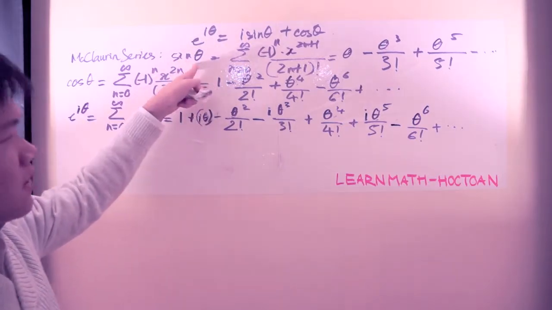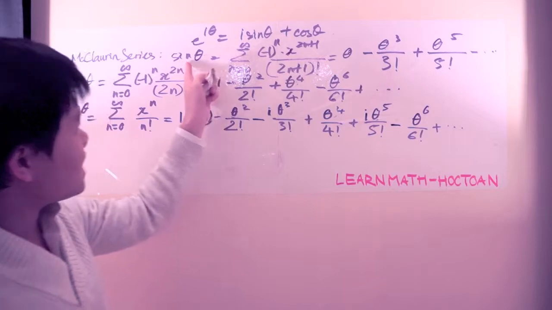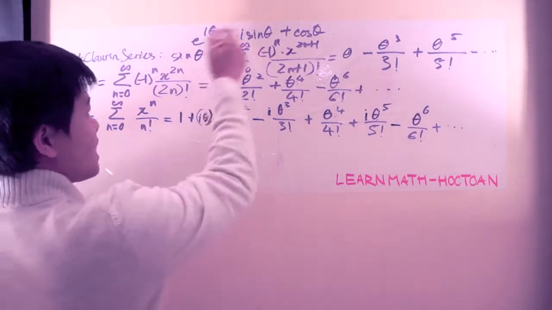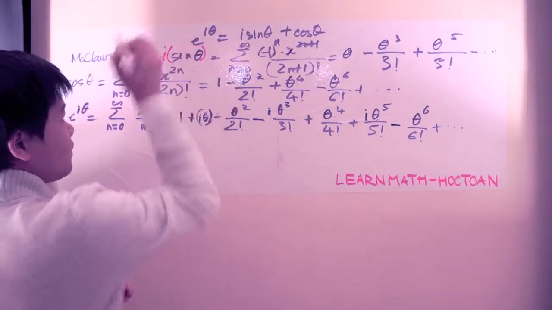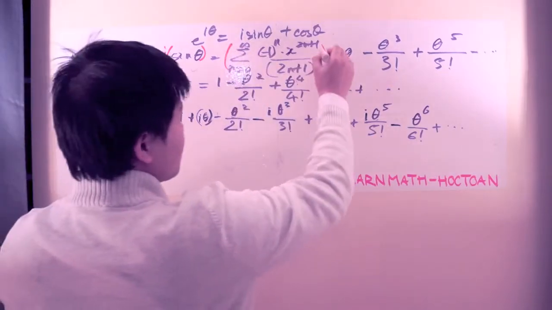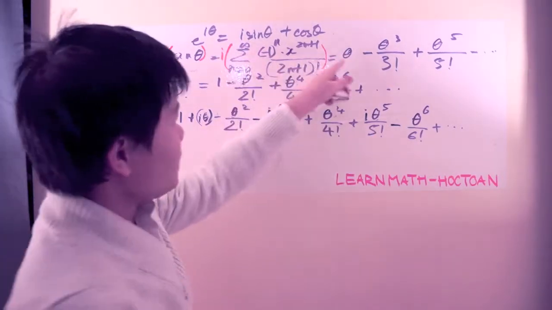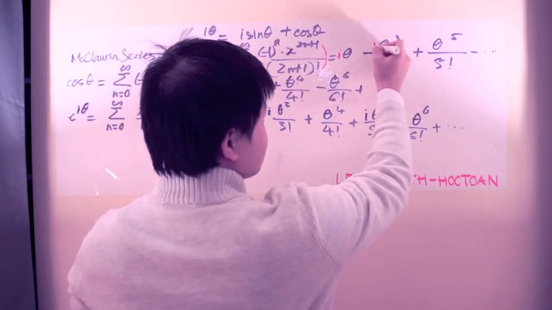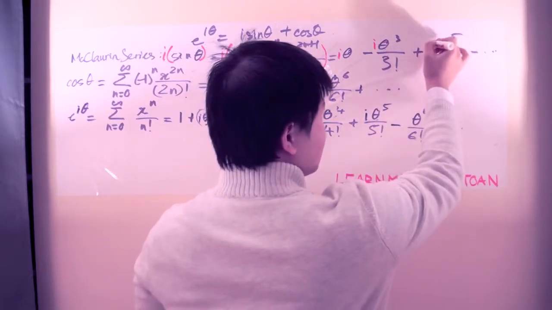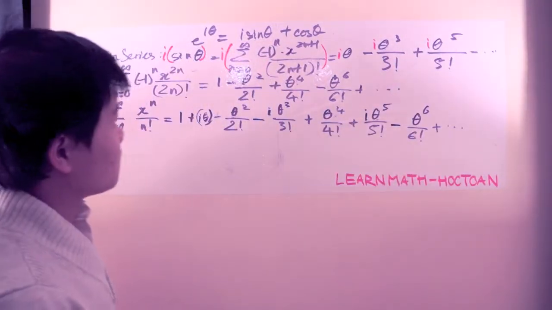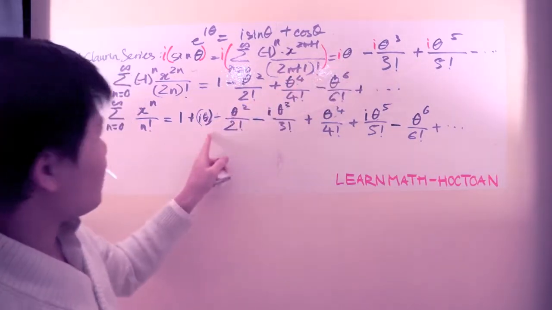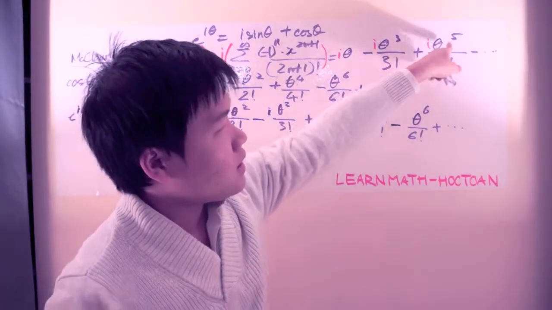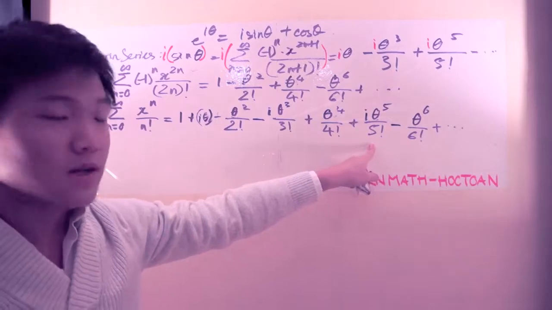If we multiply sine theta by I, you get I theta, minus I theta cubed over 3 factorial, plus I theta to the 5th over 5 factorial.